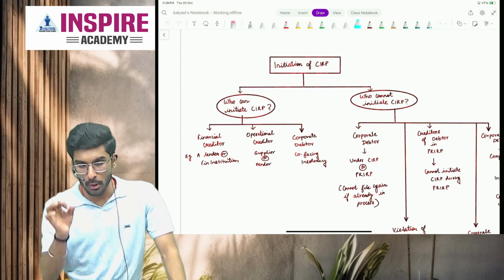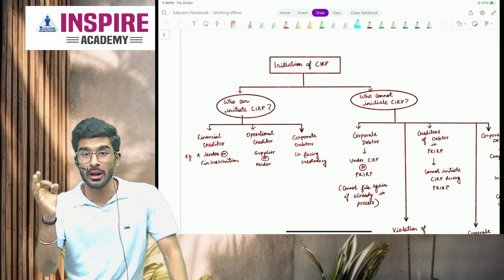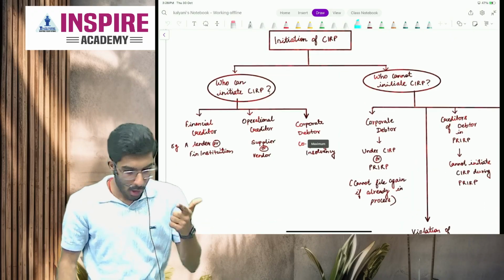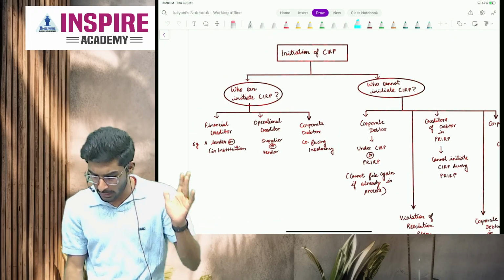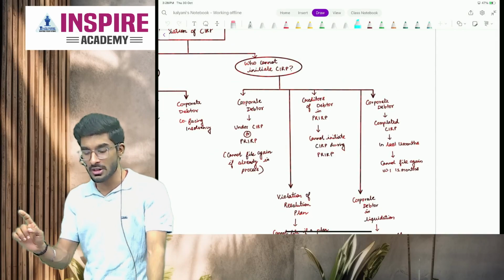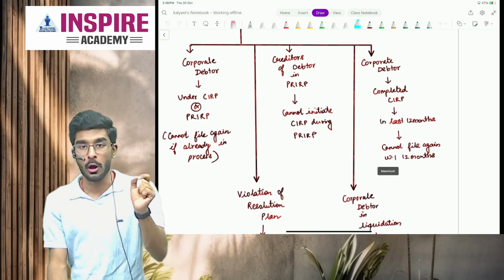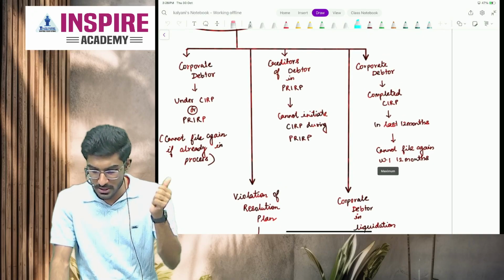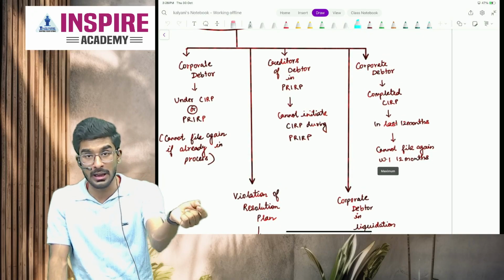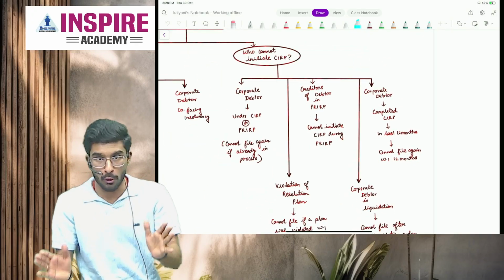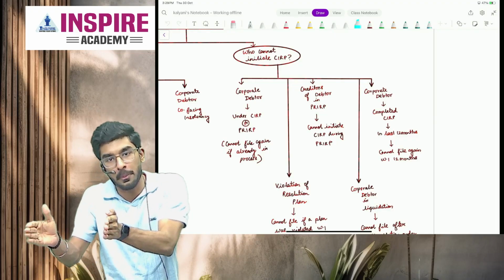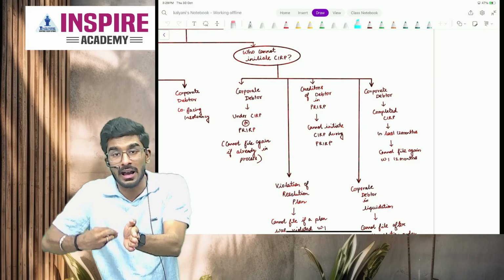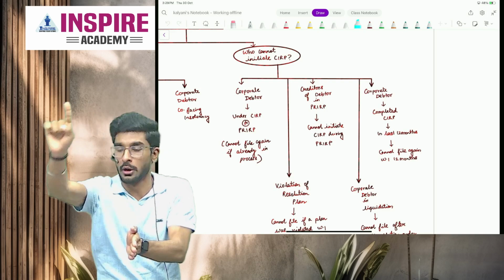Okay. So, people, who can initiate CIRP? Quickly tell me. Financial creditors, operational creditors, and corporate applicants. Now, who cannot initiate CIRP? Number one is a corporate debtor who is already under CIRP or PPIRP. Number two is creditors of a debtor in a PPIRP. If the corporate debtor is already in the process of PPIRP, and a creditor files for CIRP again, not allowed.